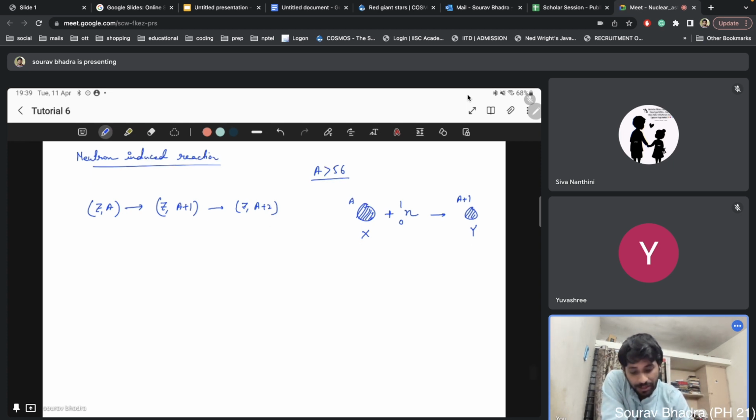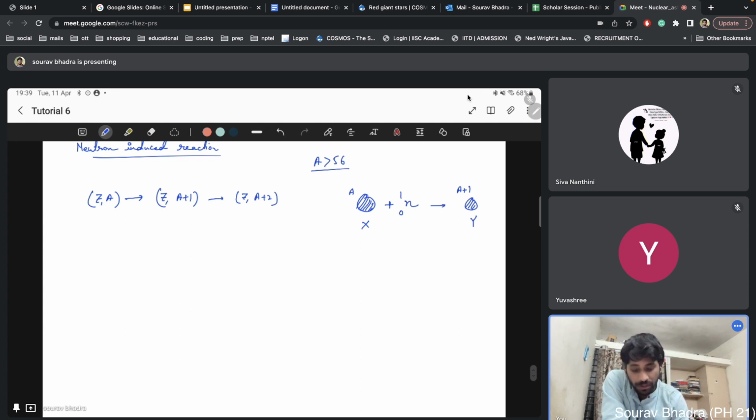Now two things are possible. So this Z, A was a stable nucleus, the parent nucleus, and the daughter nucleus, or the product nucleus, has been created. So it is actually Z, A plus 1, the Y, and it has been started with Z, A.